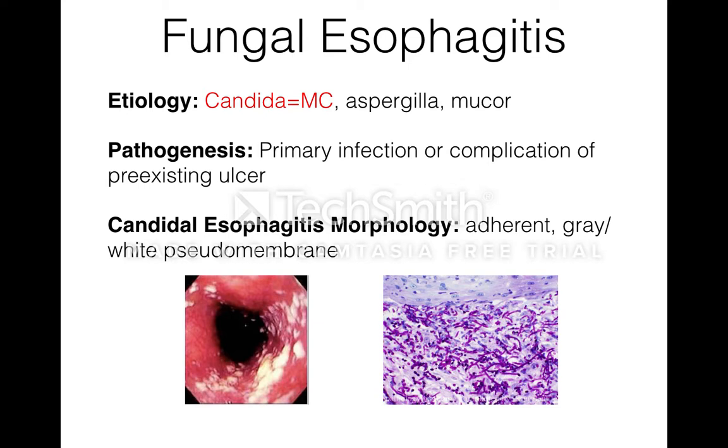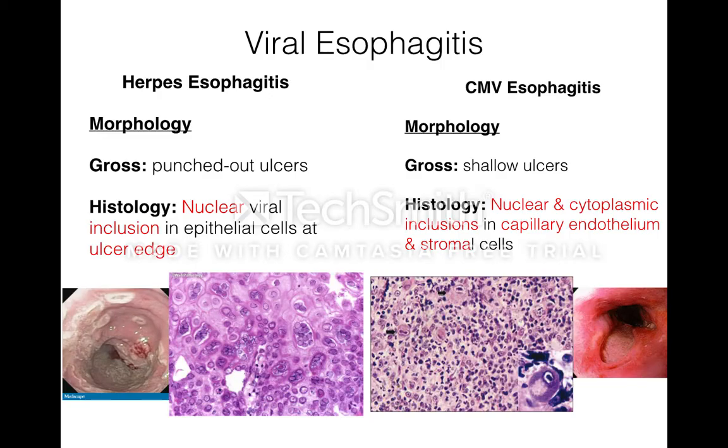This can be due to a primary infection or a complication of a pre-existing ulcer. On endoscopy with Candida in particular, you're going to see an adherent gray-white pseudomembrane. And on biopsy, you just see all the yeast forms there.